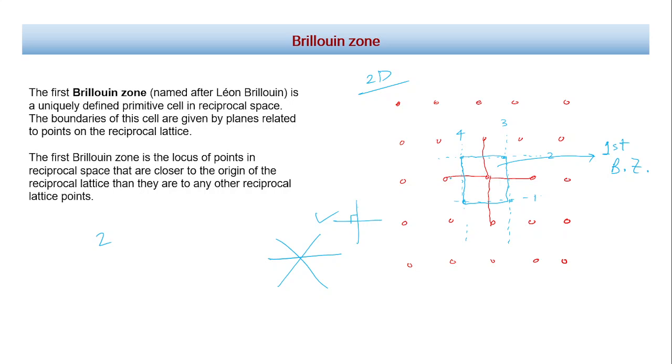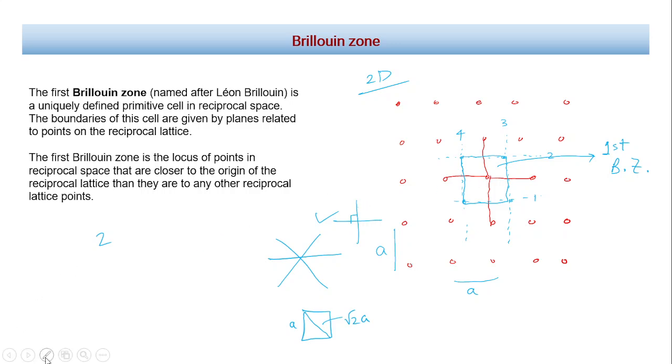Like I said, this was at distance A. If these were at distance A in both directions, that means this diagonal one will be root 2A. We know that when we have a cube and all the edges are A, then the face diagonal is root 2A. So now we have to connect the second nearest.